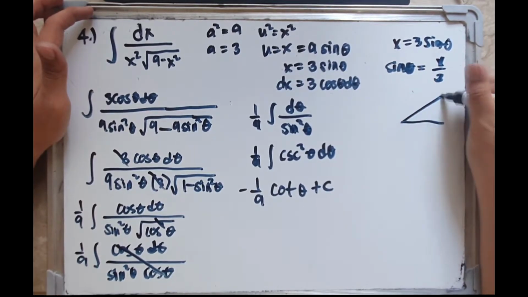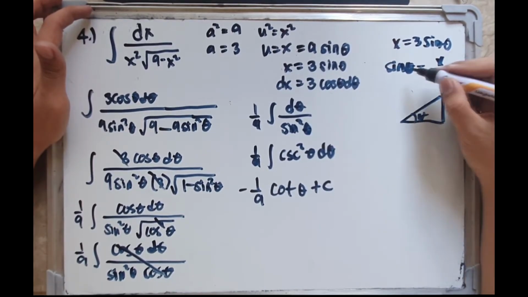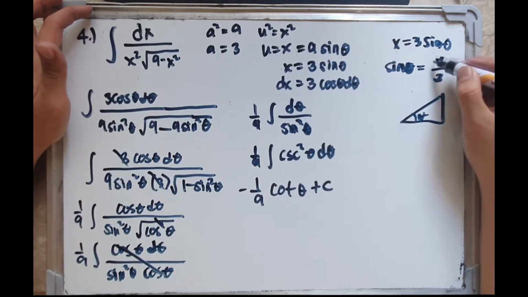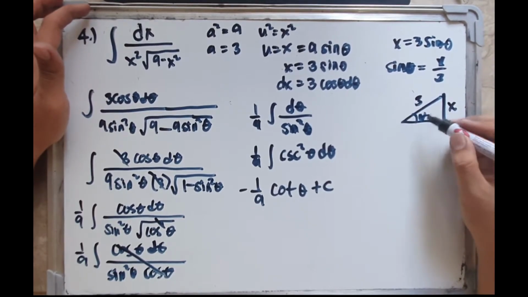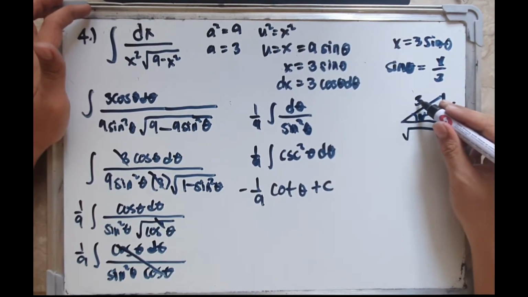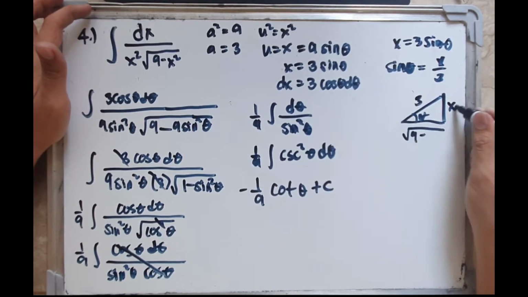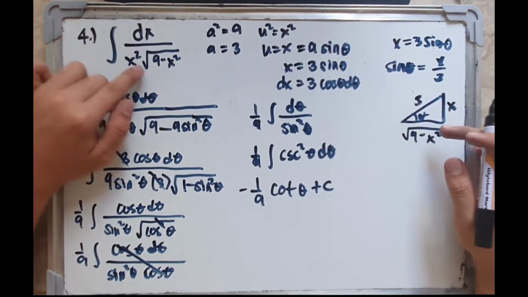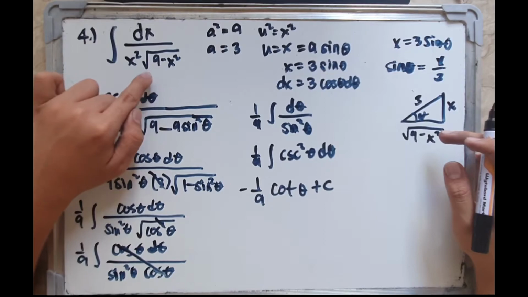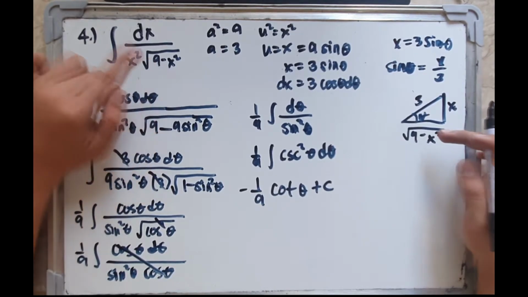Construct the right triangle. Sine theta, this one it's the opposite, and this one that is the hypotenuse. Therefore, this missing piece right here will be the square root of hypotenuse squared minus x squared, 9 minus x squared. Familiar? This is from our original function. We have the square root of 9 minus x squared.